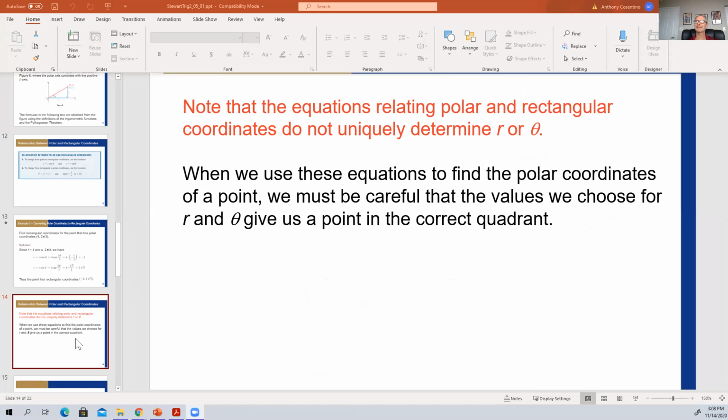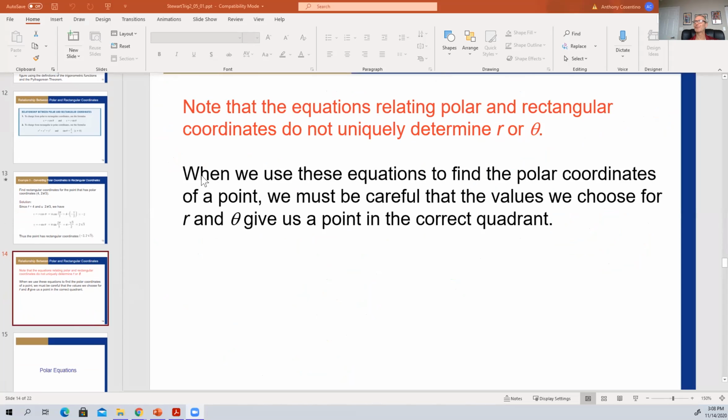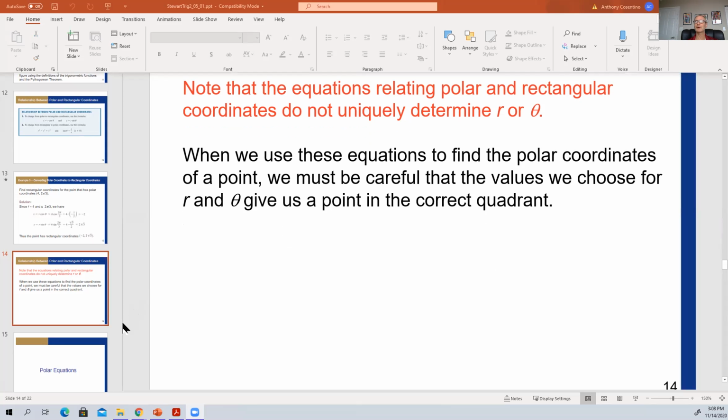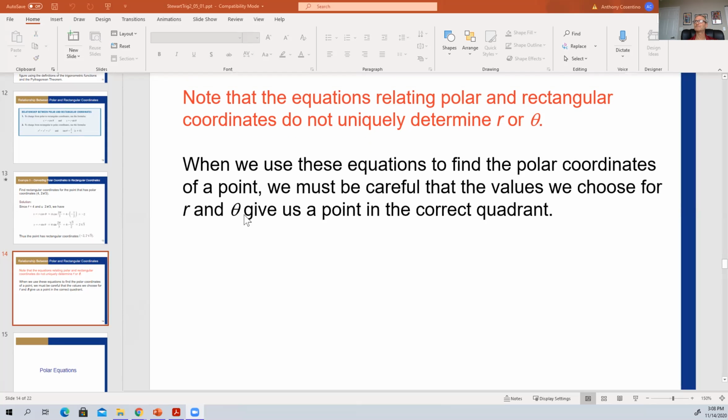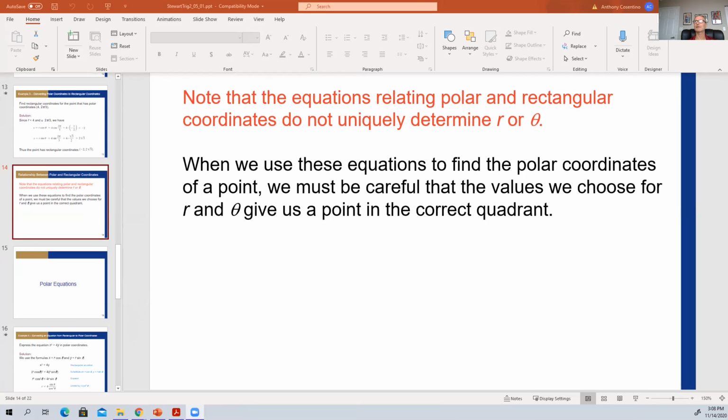But when we use these equations to find coordinates of a point, we must be careful that the values we choose for r and theta give us the point in the correct quadrant. That's important, and it's all based on theta. So when you're looking at the xy value and trying to find where you're at, make sure your theta gets you to the right quadrant.